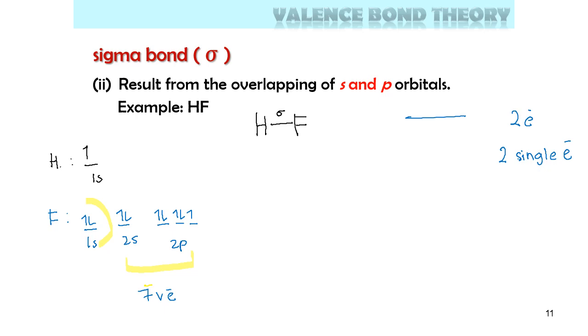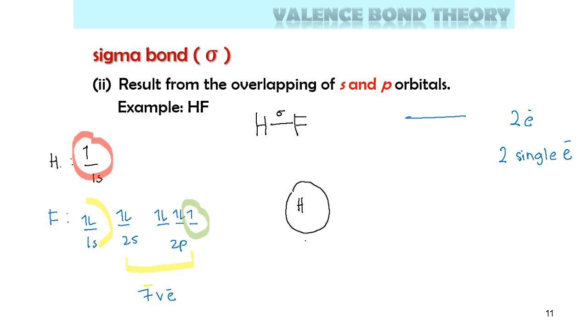So first, 1 electron from hydrogen will be shared with 1 single electron from fluorine. So now you can form 1 sigma bond here. How will we show the overlapping? I will draw the first one, the s orbital. This is for hydrogen.